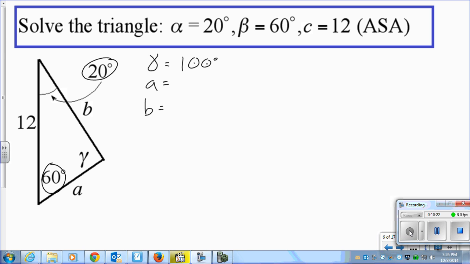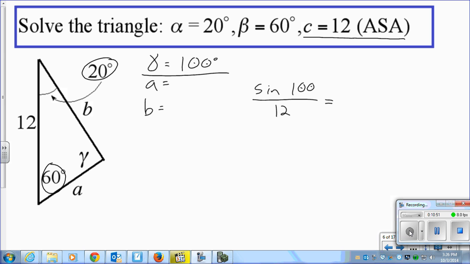From here, that is going to be my ticket for my law of sines because I know side C and angle lambda, so those correspond. So I have sine of 100 degrees over 12 is equal to, and now I can establish whatever other law of sines I want to use to find my unknowns.